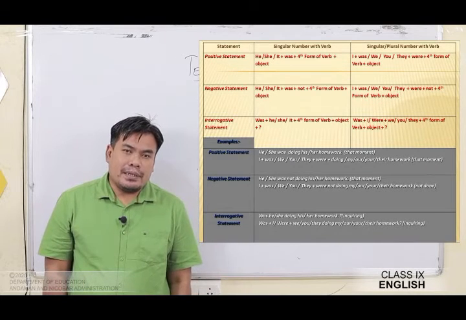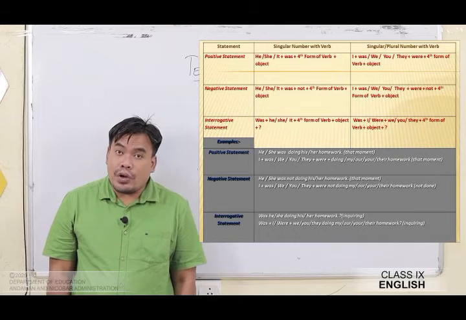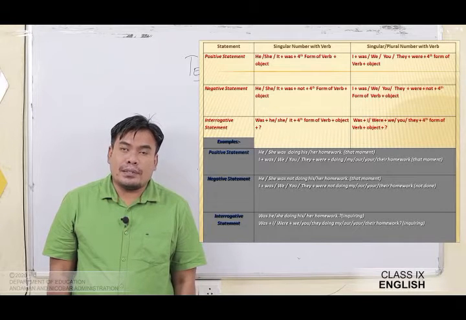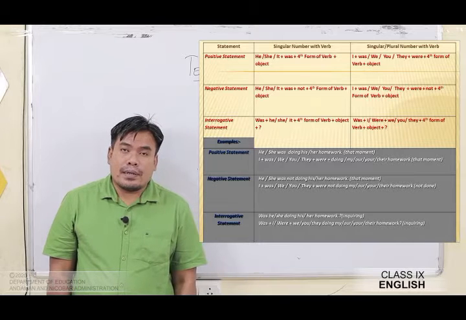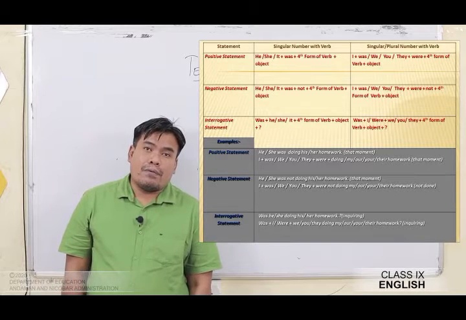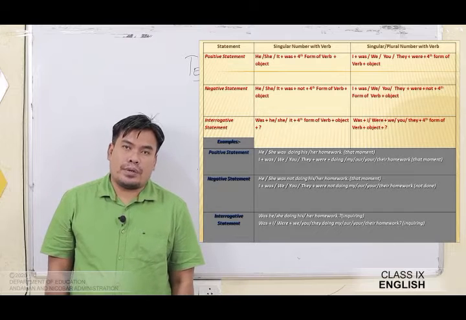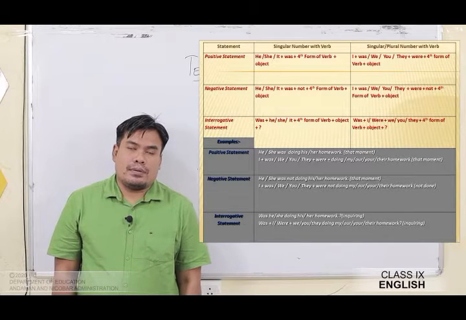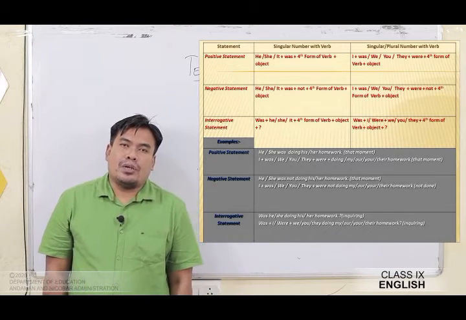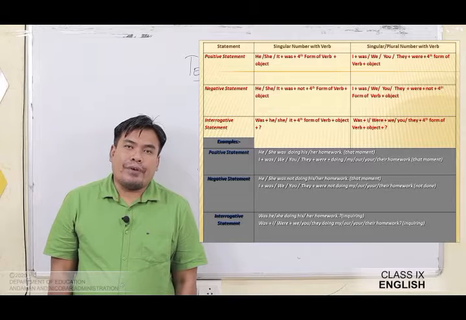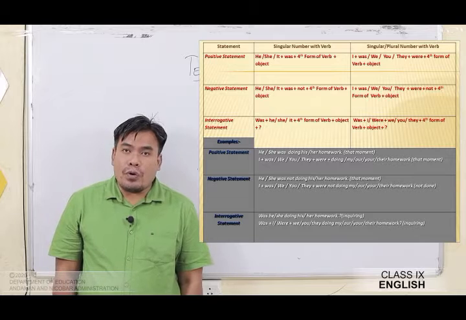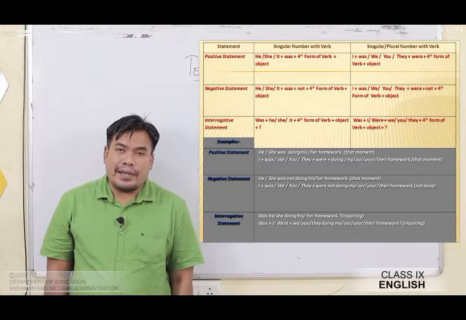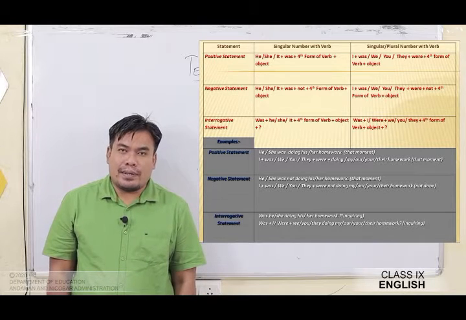Negative statement: he, she was not doing his or her homework. And I was not doing my homework. Or you would say, we were not doing our homework, or you were not doing your homework, or they were not doing their homework.